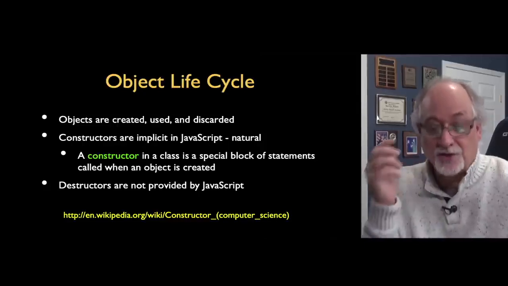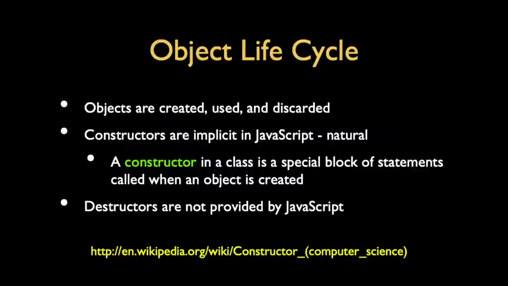That's something that they just don't let you do. And I think it philosophically has to do with the idea that you're in a web page, you're not going to be there for very long, and that's really the earliest of days, right? These days with things like Vue and React, some of these JavaScript pages last a very long time, and maybe it'd be useful to have destructors in there, but JavaScript didn't have them in the beginning.